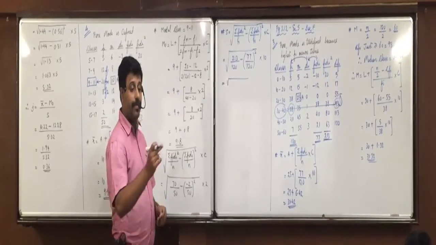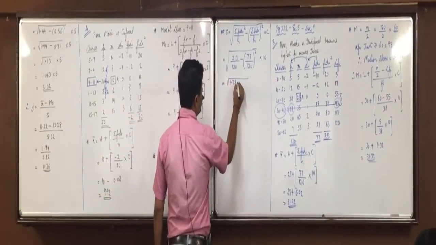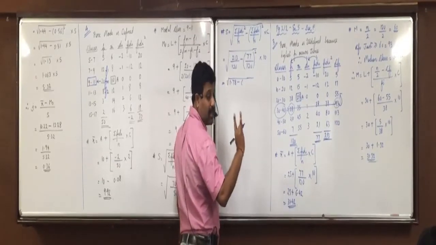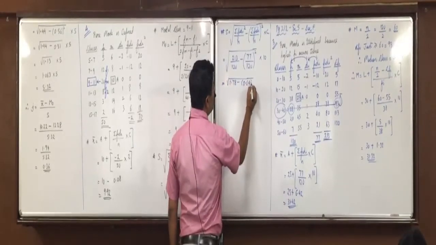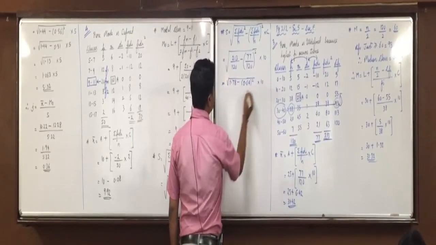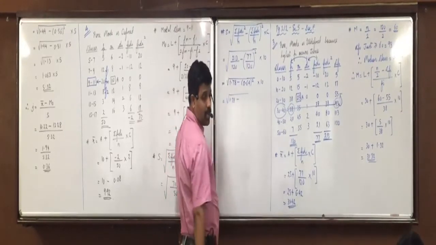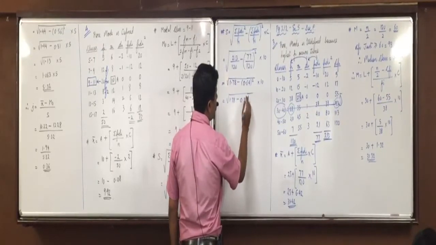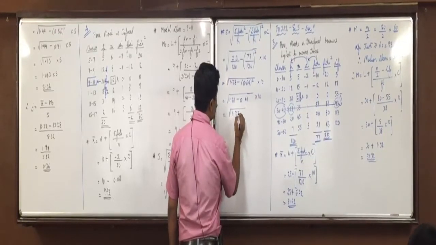Now, Harshil. 213 upon 120, 1.78 minus, don't square it directly, press 77 upon 120, I want step by step. 0.64 square into 10. 1.78 minus, now do 0.64 square. 0.41 into 10, so 1.37 square root.